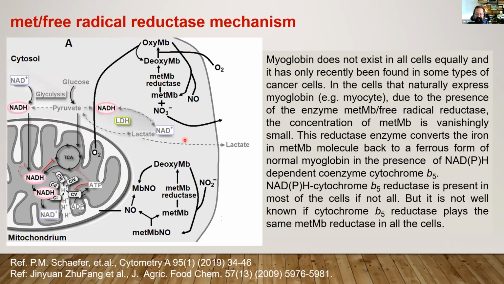And in particular, there is a reductase activity that we can take a preliminary look at. Its job is to basically, well, it's one of the cytochromes, and it basically gets rid of any MET, restoring the myoglobin that you want and need to use in the cell.